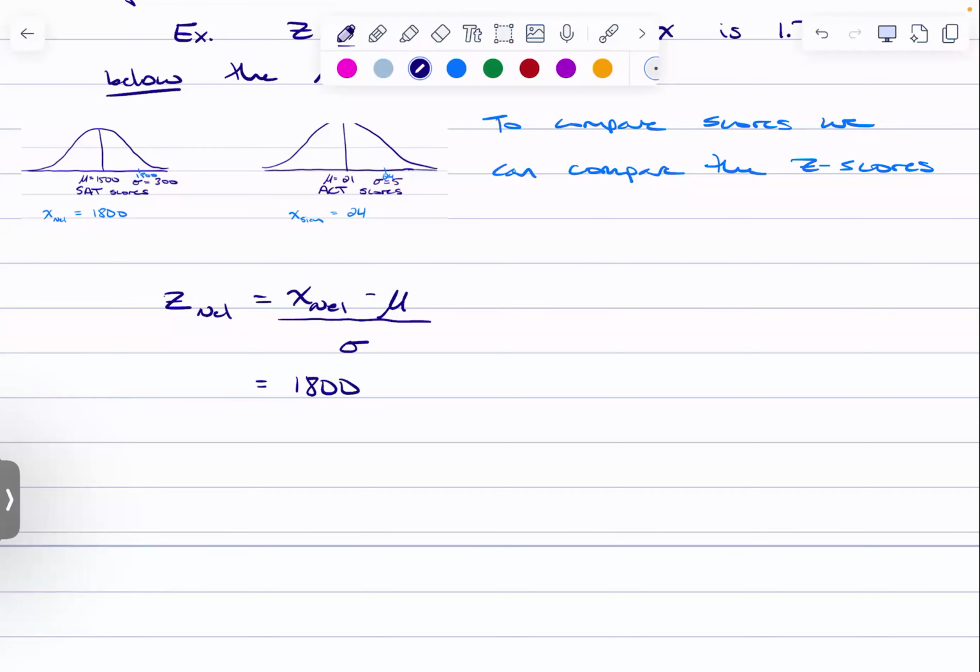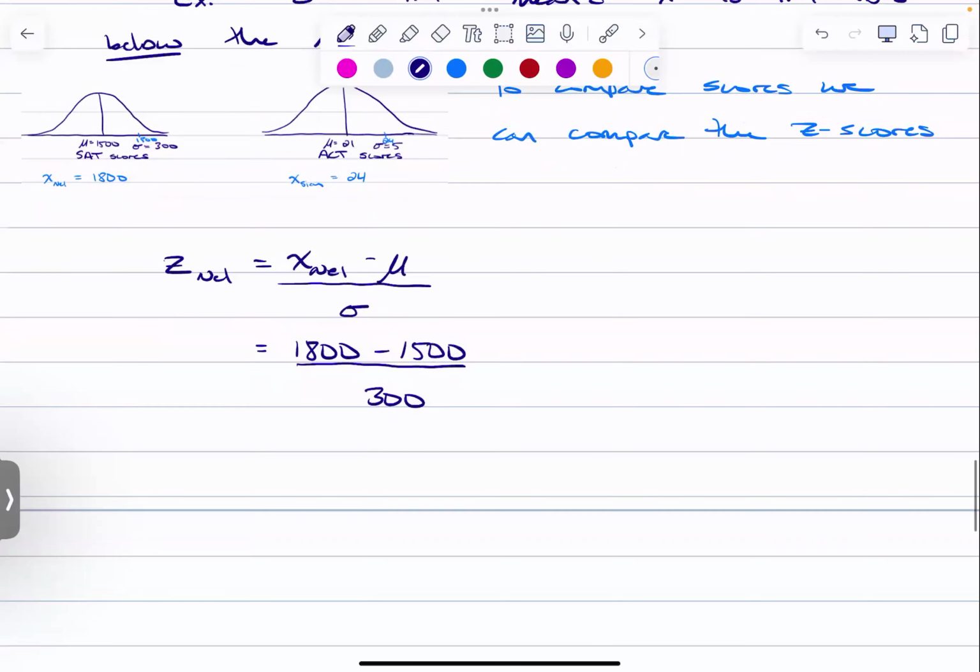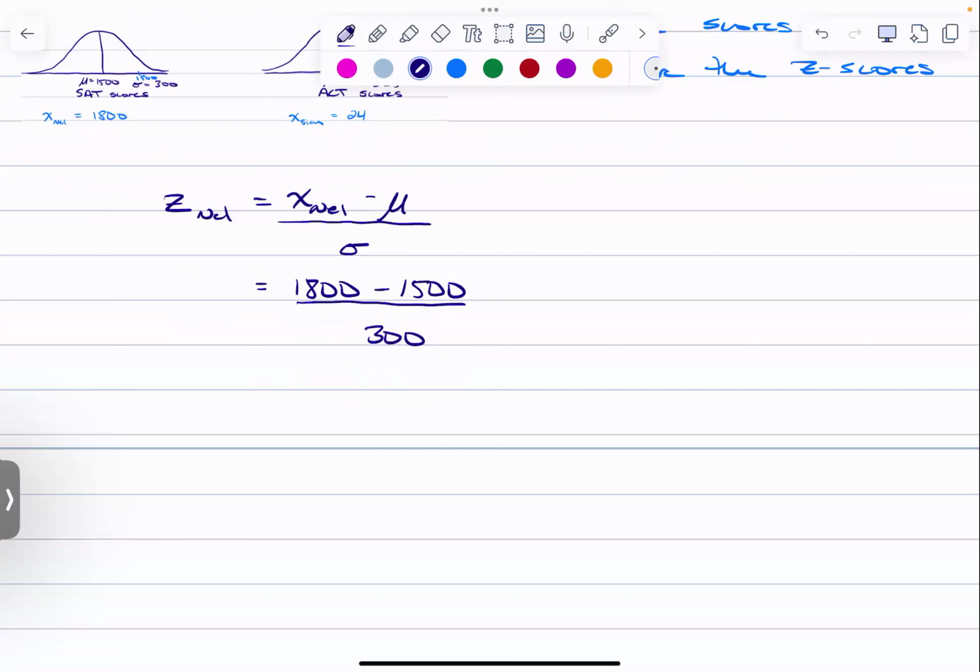So her score was 1800 minus mu, which was 1500, divided by 300, which is hopefully 1.